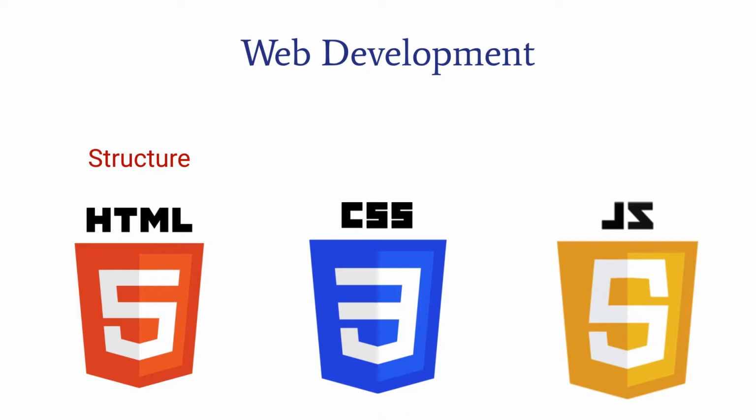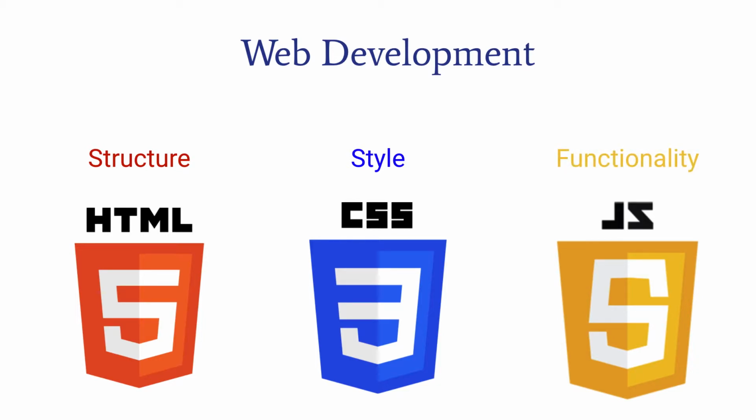The structure of a web page is the image, text, and audio you see on the page. The CSS provides style. The style is the color and the font size of your text, and JavaScript provides functionality.